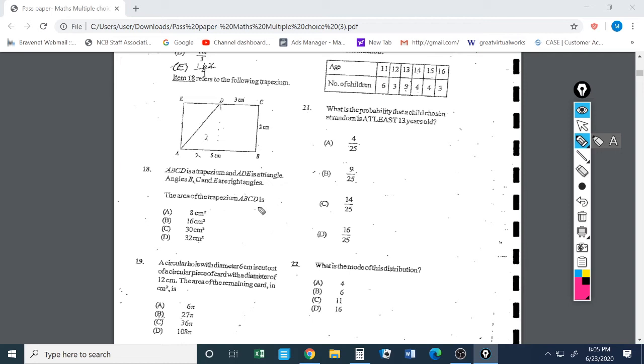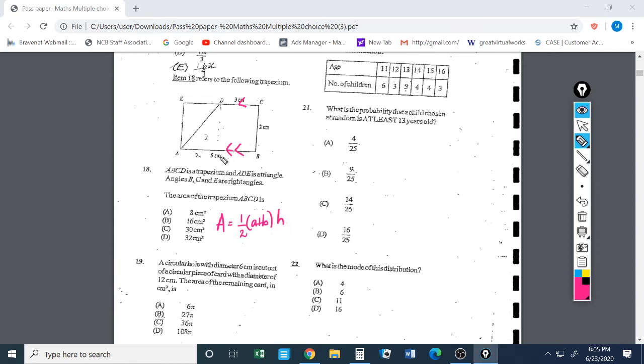If the area of the trapezium ABCD is... now for the area of a trapezium, guys, it's always equal to a half times the sum of the two parallel sides, which in this case are those sides here, a plus b, times h. Cool.